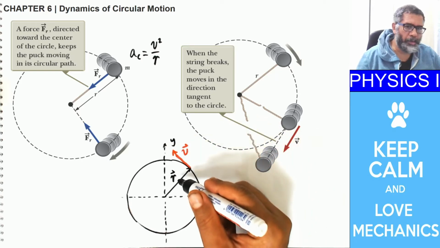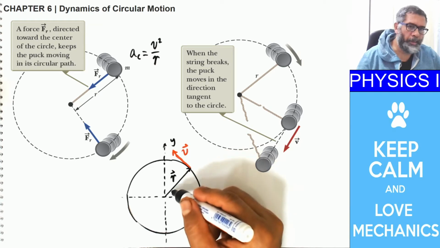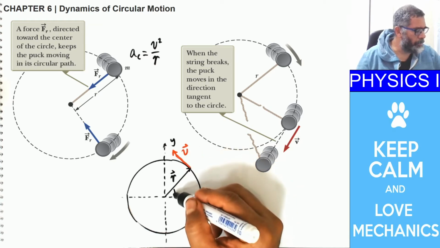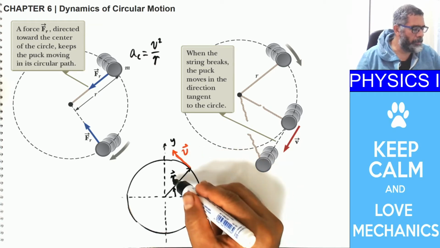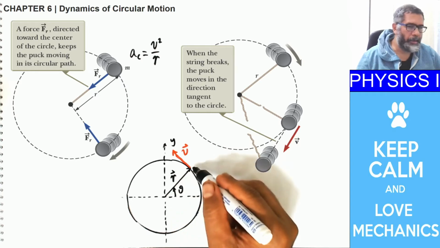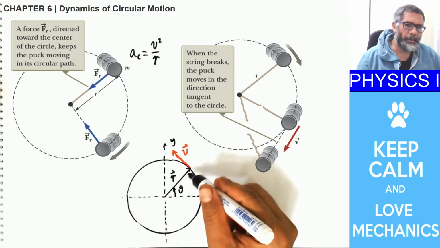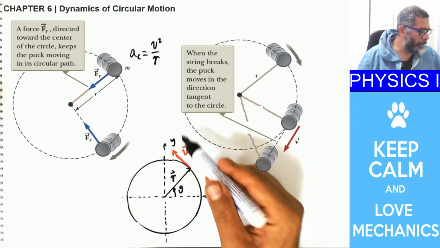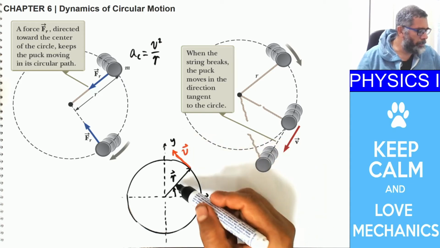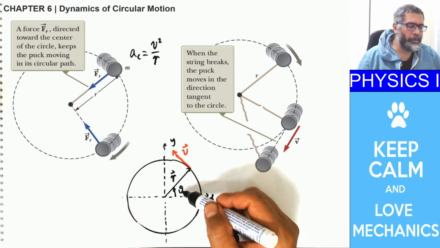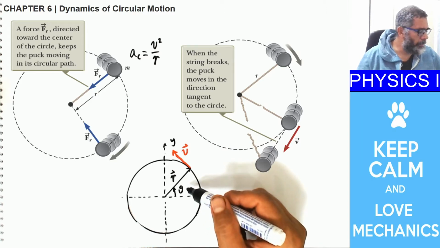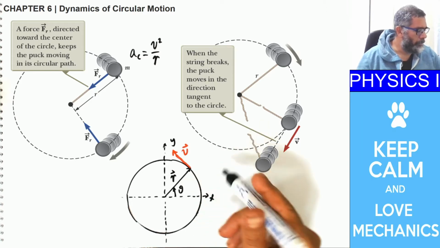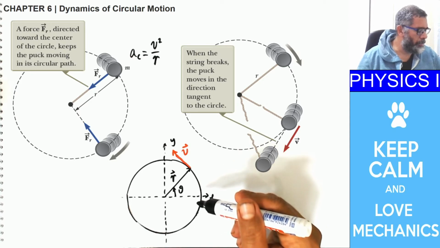Let's choose the polar coordinate system, where we use the angle and the radial distance as new coordinates, not x and y, but r and theta, to define the kinematics of the circular motion.